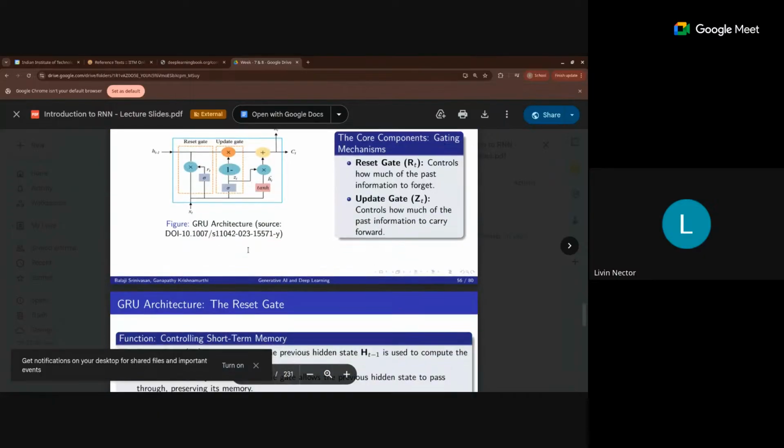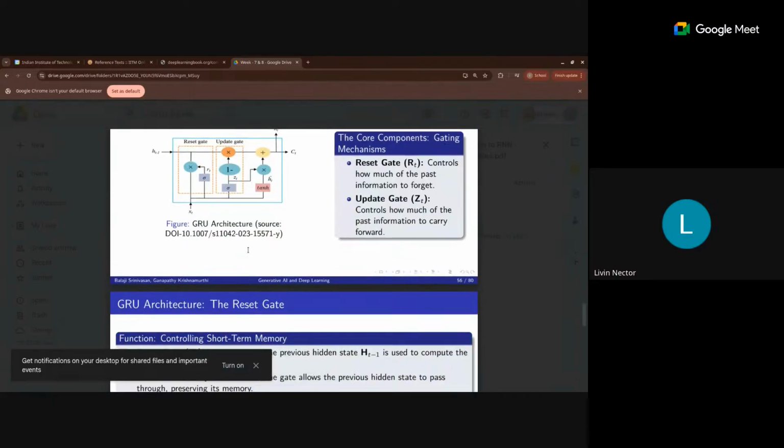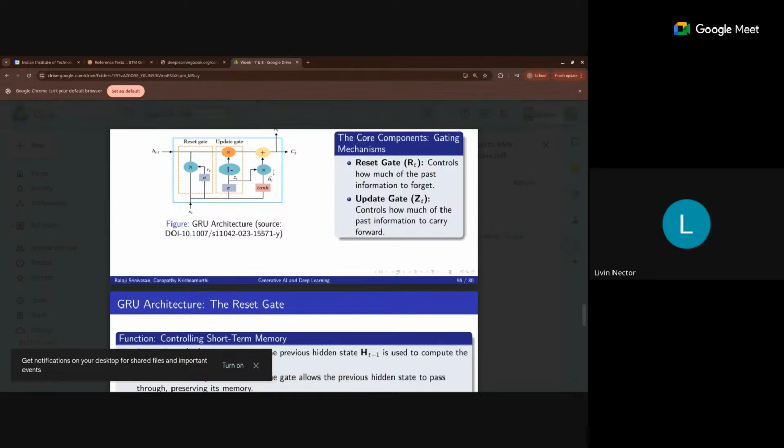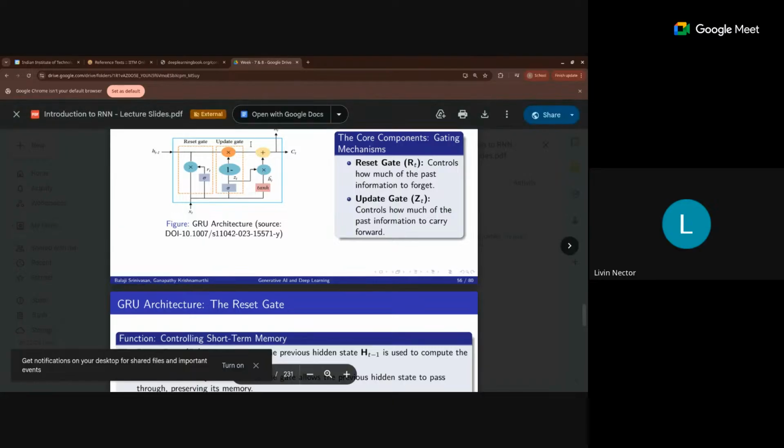Let's compare this one. So this is our candidate hidden state, like the vanilla RNN part over here, right? After this tanh, whatever value comes is the vanilla hidden state part. We are multiplying that with some value coming out of this, which is the update gate. And also we are combining this one.